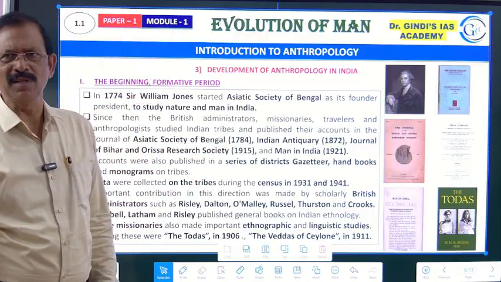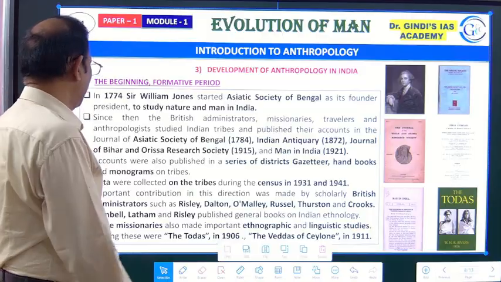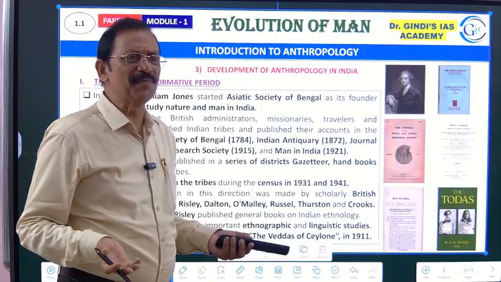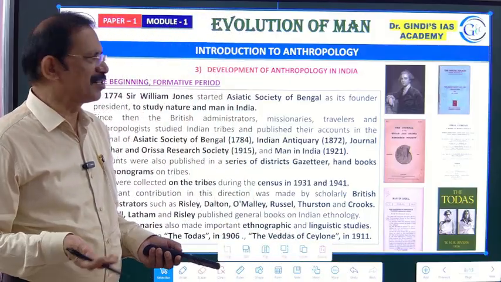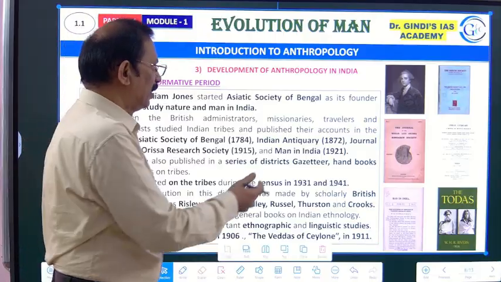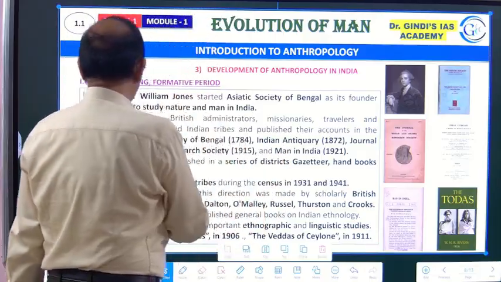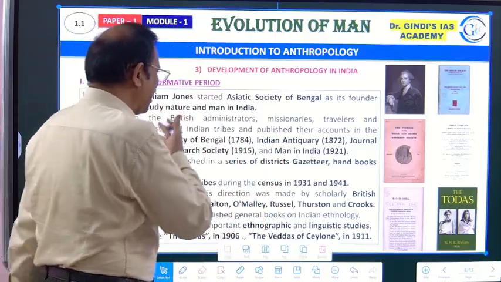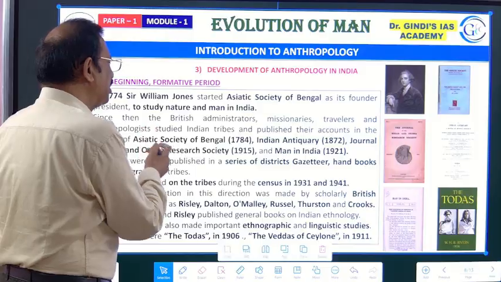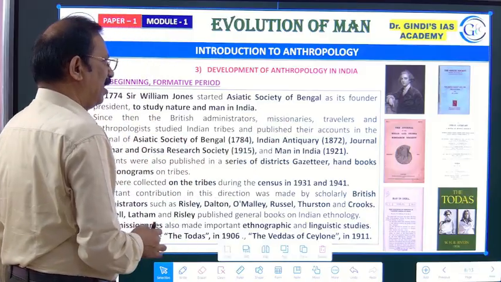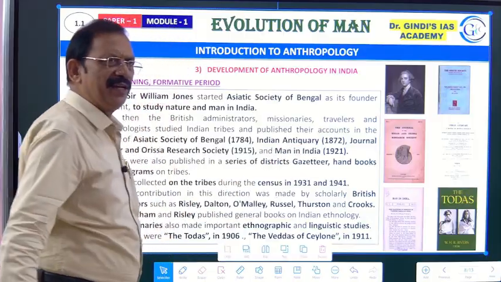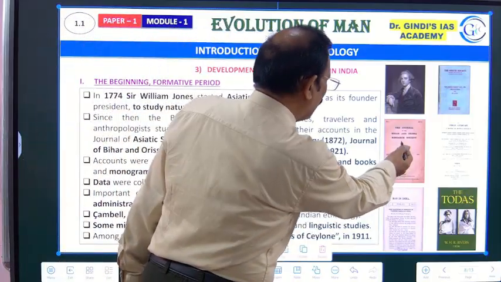Sir William Jones started it. Then what happened? Since then, the British administrators, as we discussed, collectors at that time, and the Christian missionaries, then travelers and also anthropologists studied Indian tribes and published their accounts in the Journal of the Asiatic Society of Bengal. And not only there, but also in the Indian Antiquary.